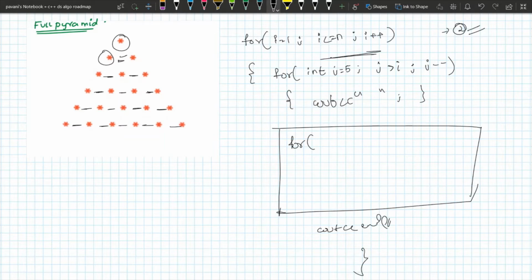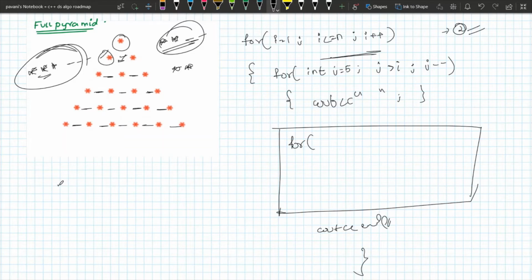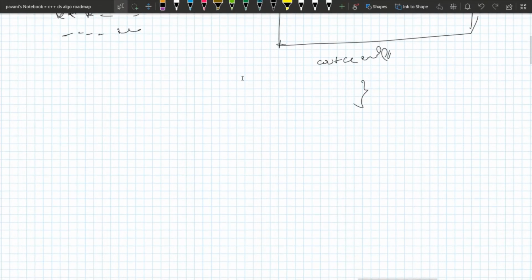We cannot run one loop for the stars and then another for the spaces, because if we ran loops that way, the second character would only come after the first character has finished all its iterations: star star star, then space space space. But here we see them simultaneously: after every star there is a space, after every star there is a space.